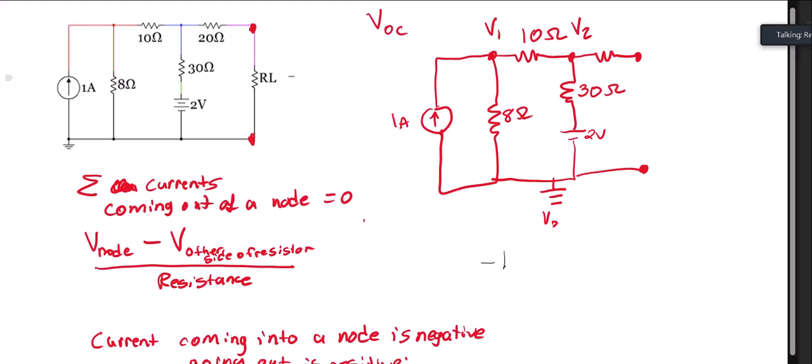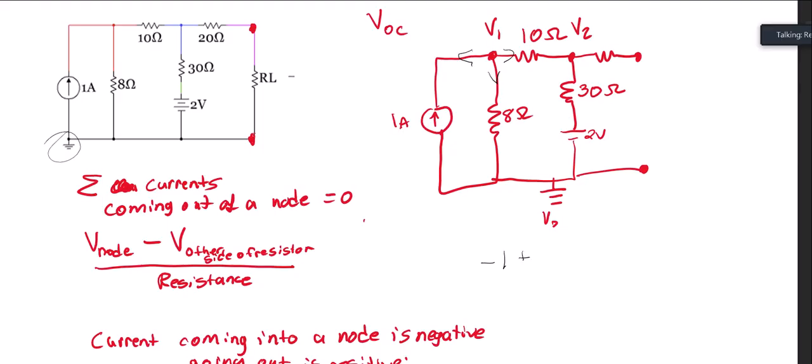So I'm looking at the current going out in all directions. So I have -1. Plus, I didn't even have to make the bottom ground, it was made ground for me. But plus, going down, I'd have V1 minus 0 over 8. Plus, going across, I'll have V1 minus V2 over 10. And that equals 0.